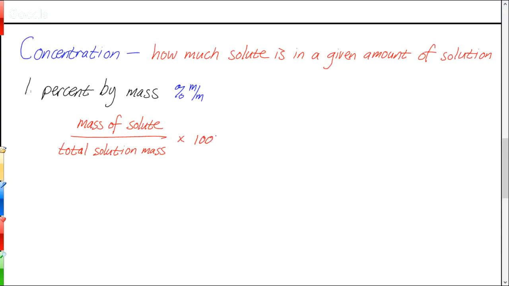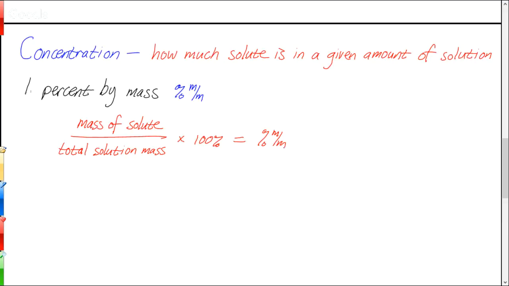And since that's a percentage, we multiply by 100%. And we call that percent by mass, or mass percent.